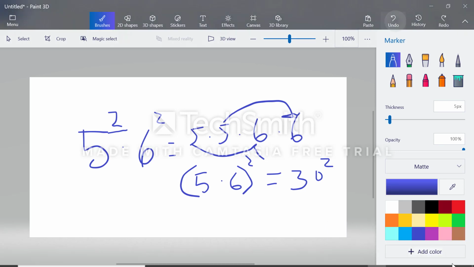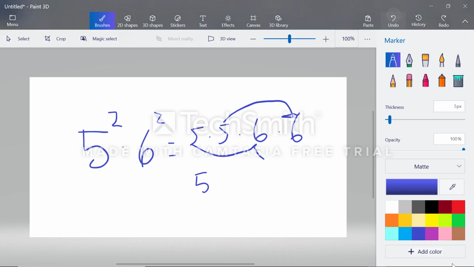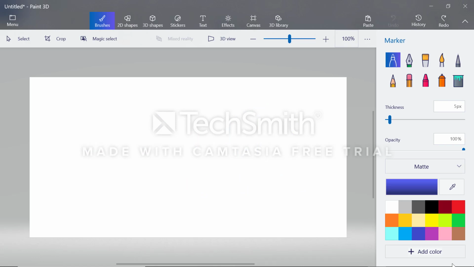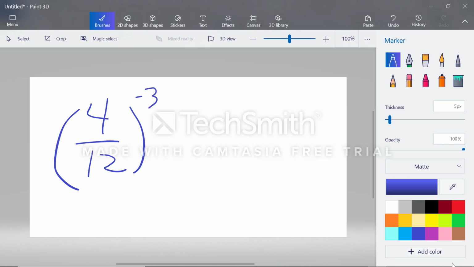All right, another one we have. Let's go for some negative numbers here again. We'll do two more. Let's say we have 4 twelfths to the negative third power, right?